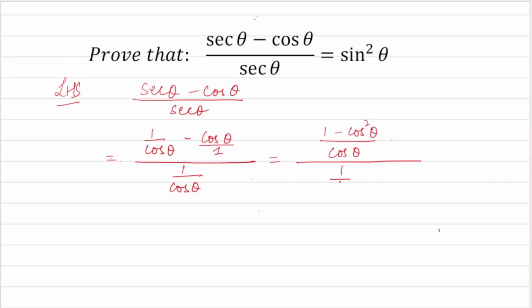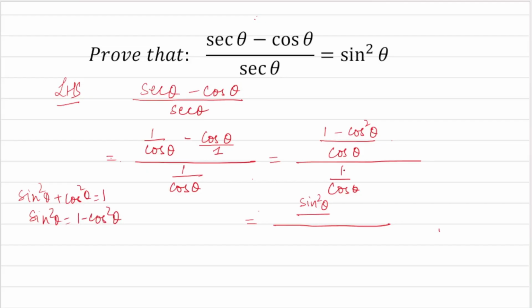And then I have 1 over cos theta as it is. Again, what is 1 minus cos square theta? It is sine square theta. Because I told you in the previous slide, sine square theta plus cos square theta is 1. So this sine square theta is equal to 1 minus cos square theta. And then this denominator as cos theta.